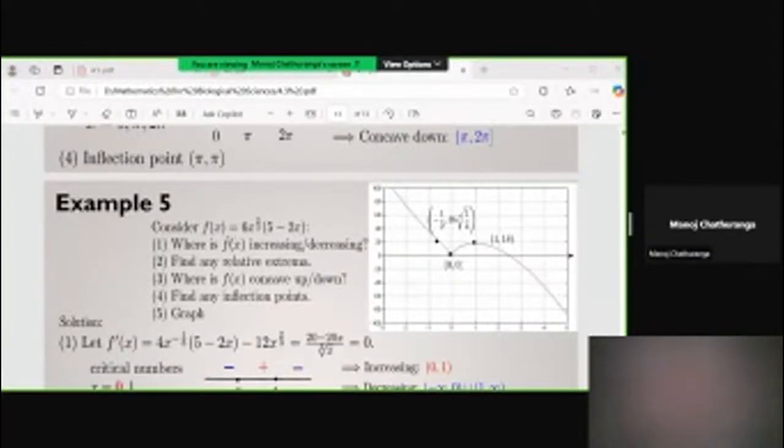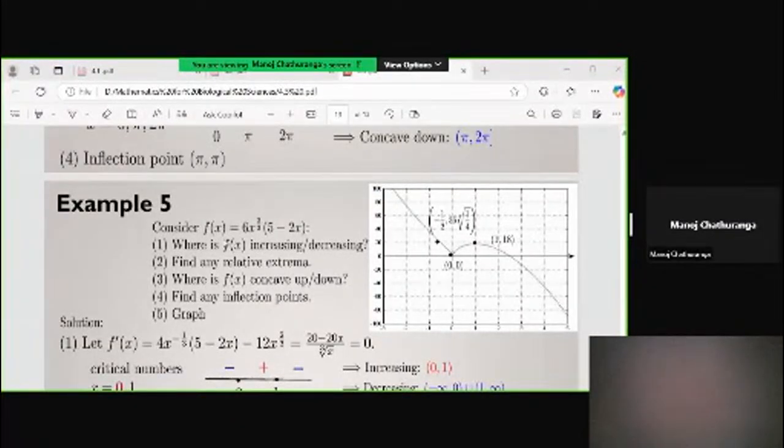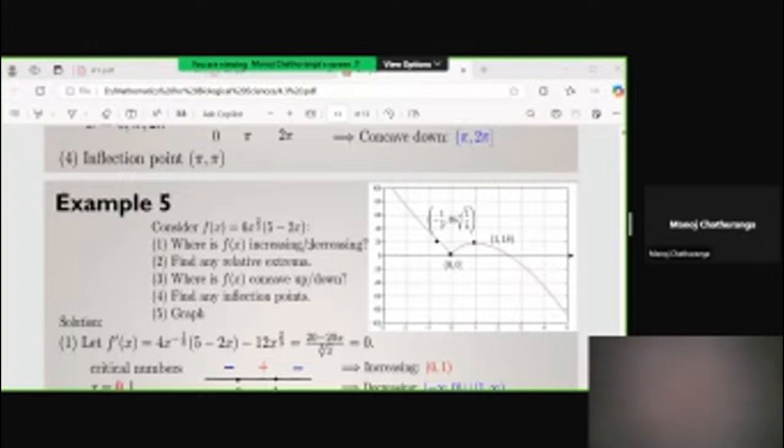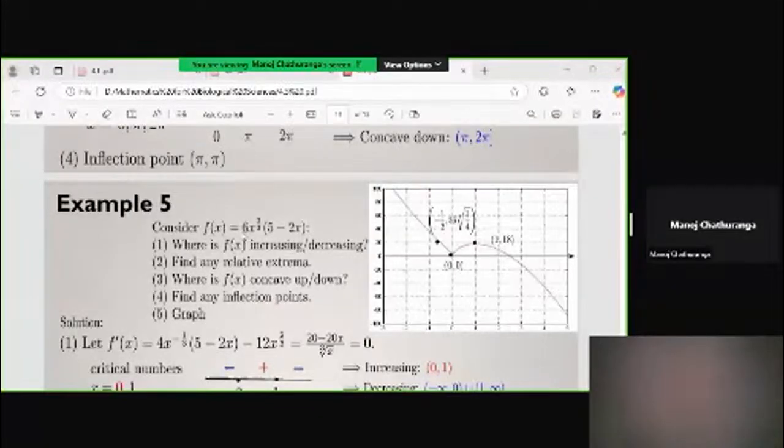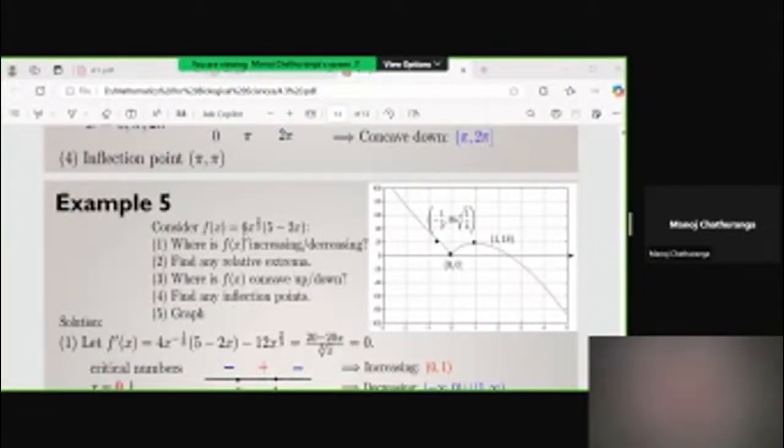And this is another example that we did yesterday. We were given this function. Again, all the time, what we do is differentiate the function, differentiate it a second time, and then compute all the critical points, zeros of the derivative and undefined points of the derivative.